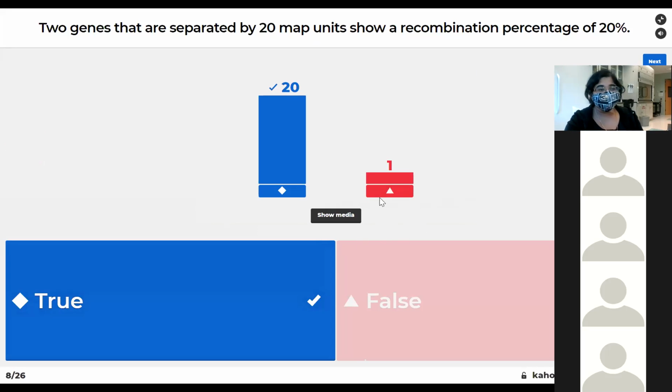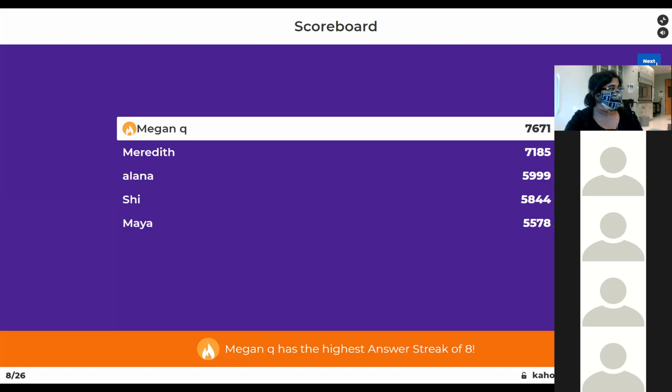What happened here? Okay. So as we know, one map unit equals 1% recombination frequency. So 20 map units would be a recombination percentage of 20%. I think we're cool with that, with the majority. Okay. Oh, you're on a streak, Megan. Good.